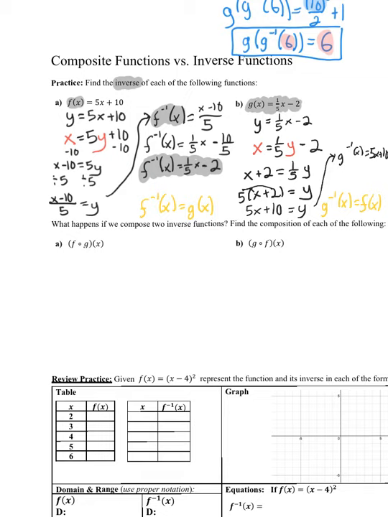I'm kind of out of room here, but we can say that f of x and g of x, I'm just going to write it at the top here, are inverses. That is one way to prove that two functions are inverses of each other. Okay? We could call that the swap method, right?